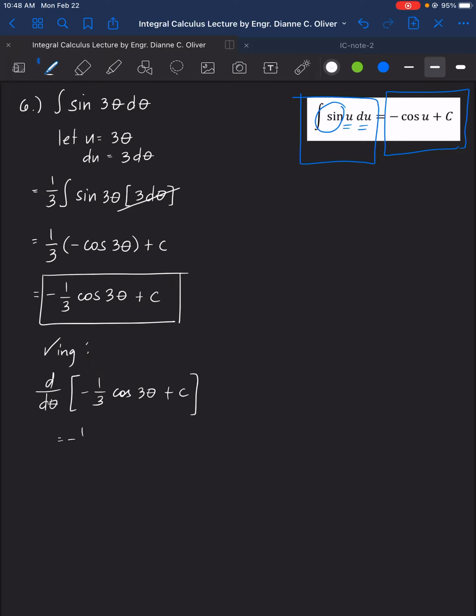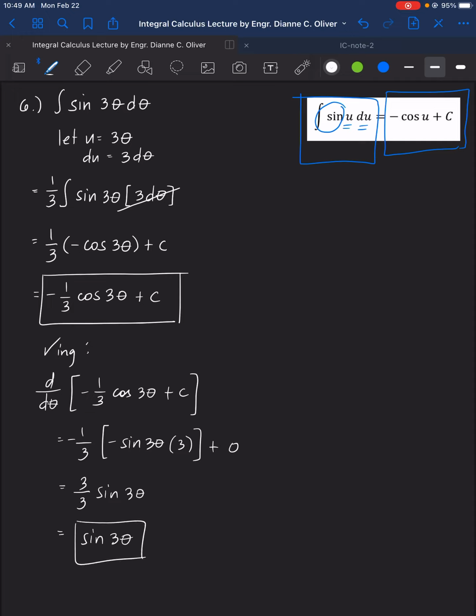The derivative of cosine 3 theta is negative sine 3 theta, and the derivative of 3 theta is 3. Then the derivative of c, or the constant here, is 0. So negative times negative is positive. So we have there 3/3 sine 3 theta, and then the final answer is sine 3 theta.